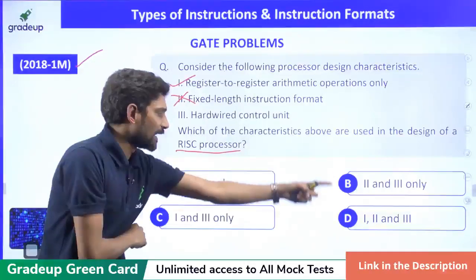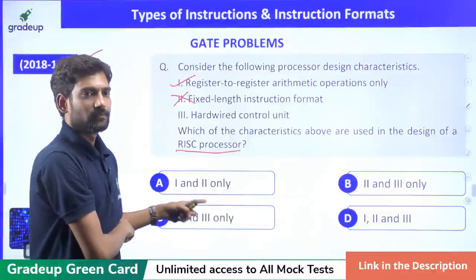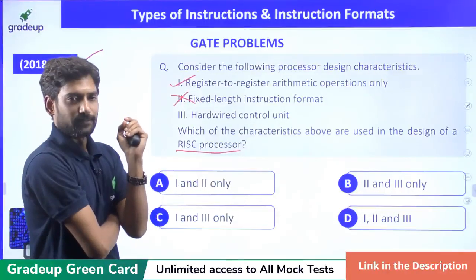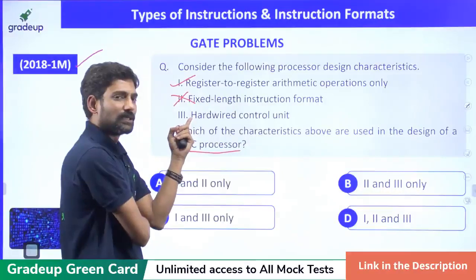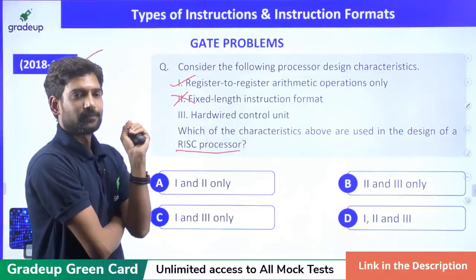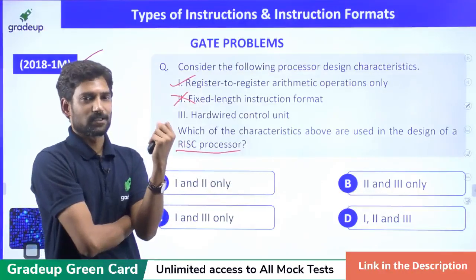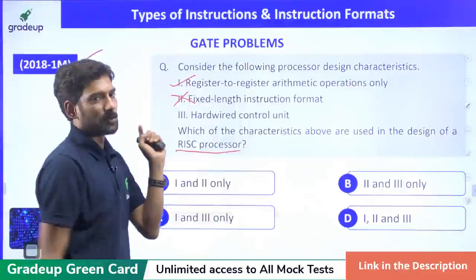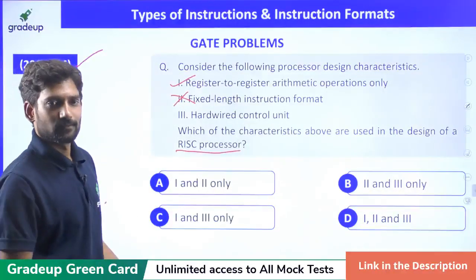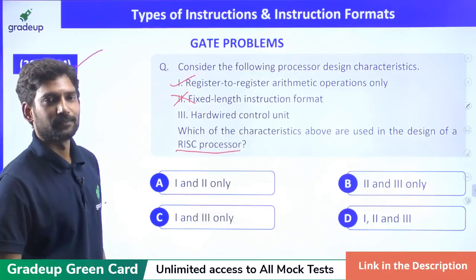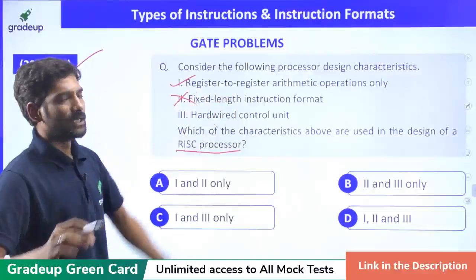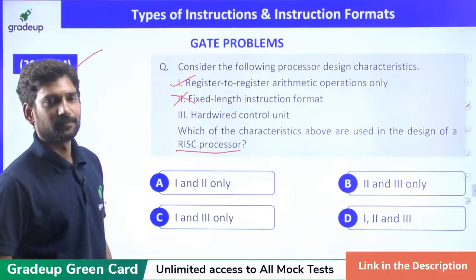So if you have one only, then you will be in trouble because you don't know about this till now. But you observe the options. 2 should not be in the options, because RISC supports variable length.